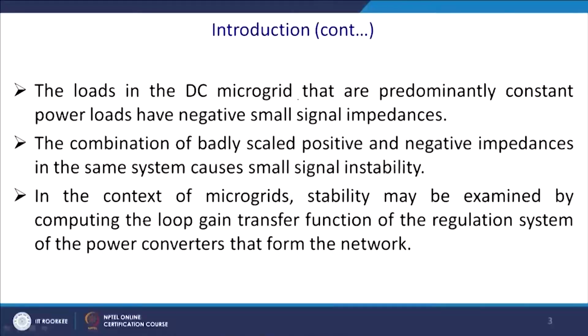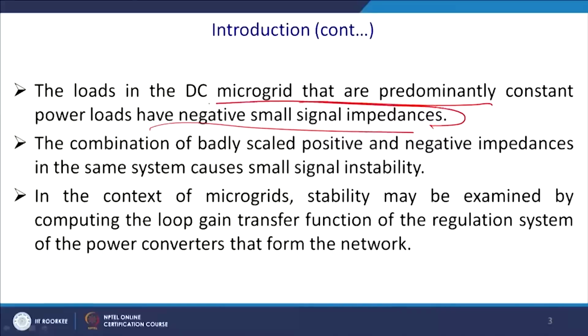The loads in the DC microgrid that are predominantly constant power loads have a negative small signal impedance, because once the voltage decreases, current increases, and thus dV/dI is negative. So, for this reason you have a problem, that is a negative small signal impedance.